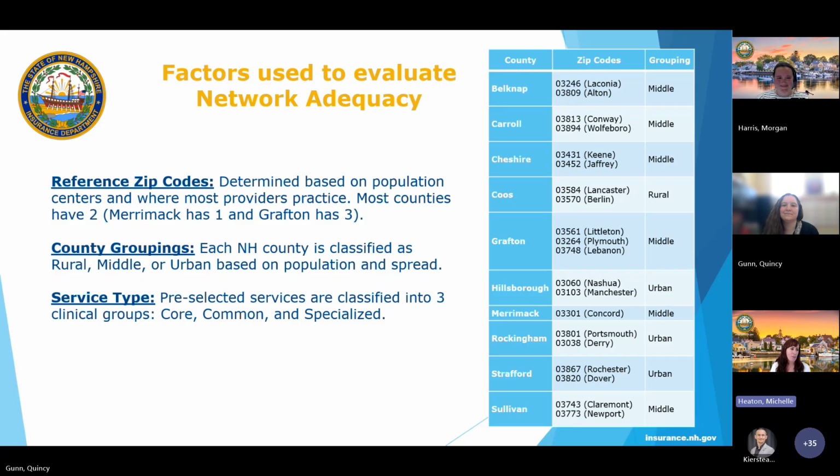Although we do have different naming conventions for these classifications, our county designations and our service designations do align with the federal network adequacy framework. So if you're looking at specific services for a certain type of provider, those time and distance standards are analogous to what they would be at the federal level as well. Next slide.